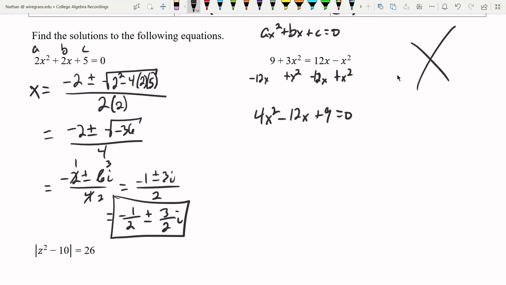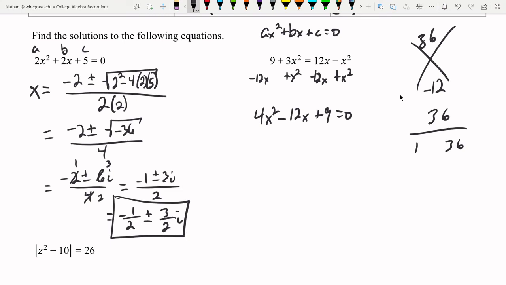Let's try factoring this. a times c is 9 times 4, which is 36. b is negative 12. We need two numbers that multiply to give 36 and add to give negative 12. I was thinking 8 times 4, but that's 32.